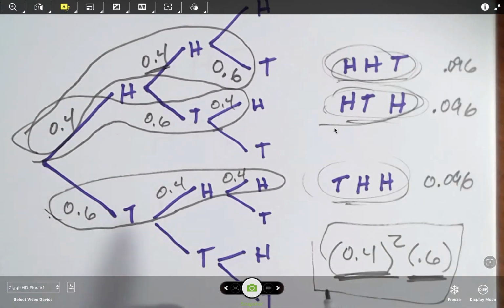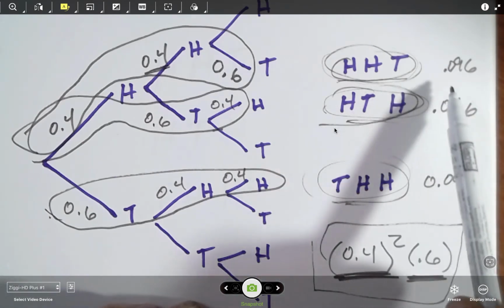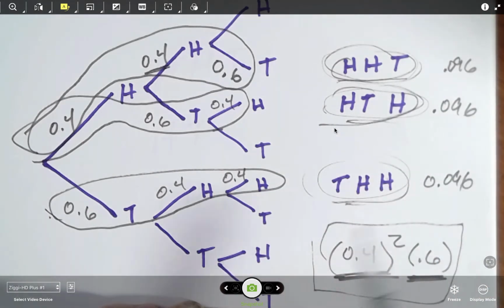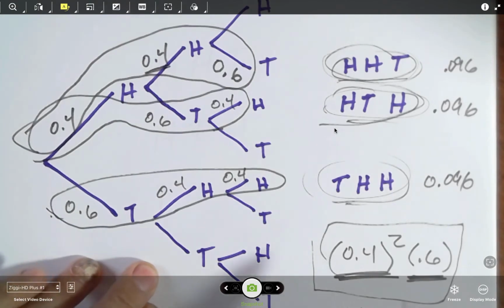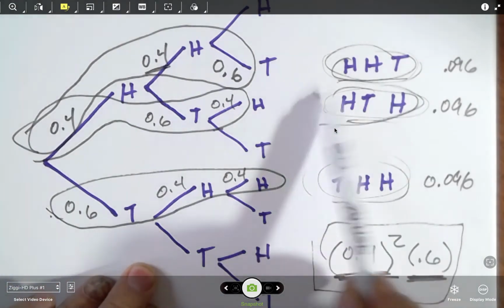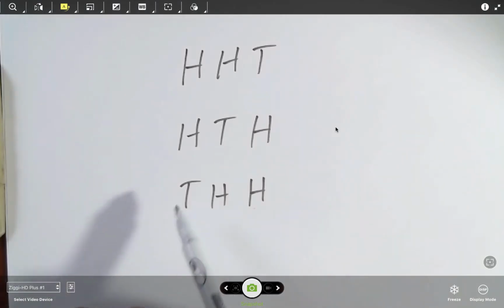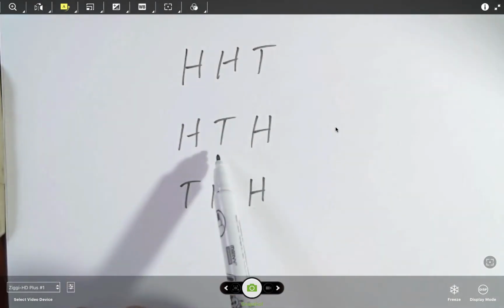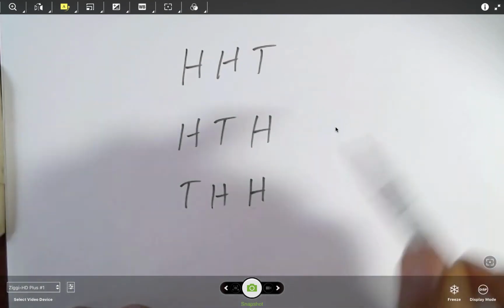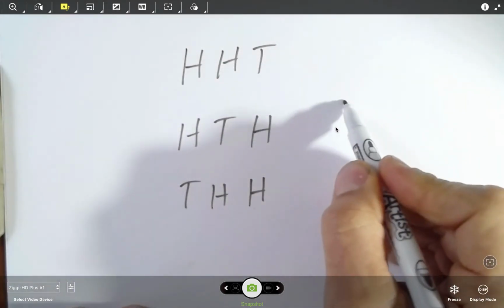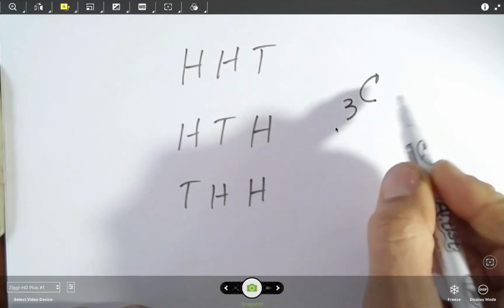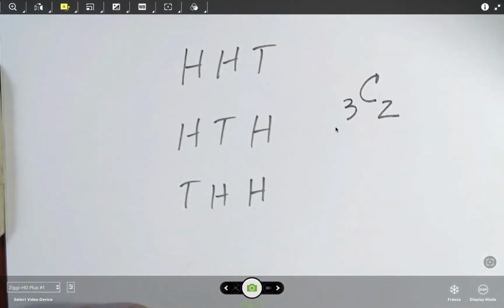So to get the probability of 2 heads, we simply add these probabilities. So we wind up with 3 times 0.096, or 0.288. We can add them like that because these events are mutually exclusive. So there are 3 ways that you can obtain 2 heads. And this number 3 is just the number of ways to select 2 items from 3.